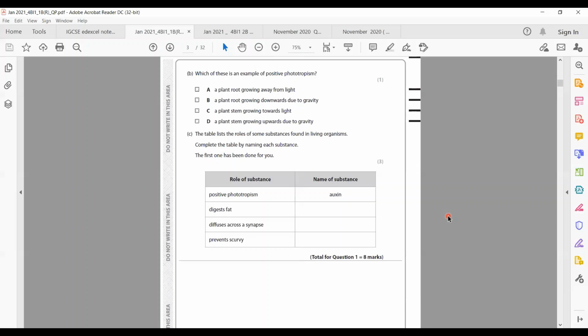It transmits the impulse, so it is called neurotransmitter. Yes, very good. And prevents scurvy.